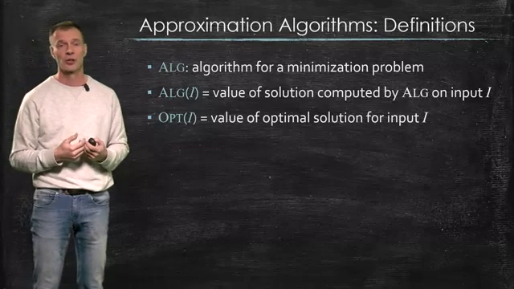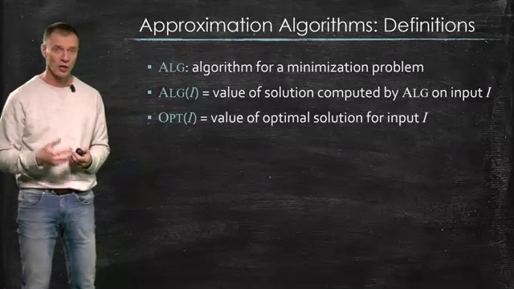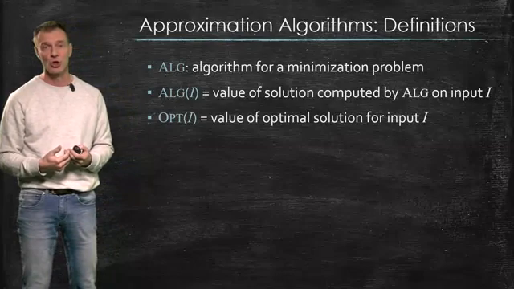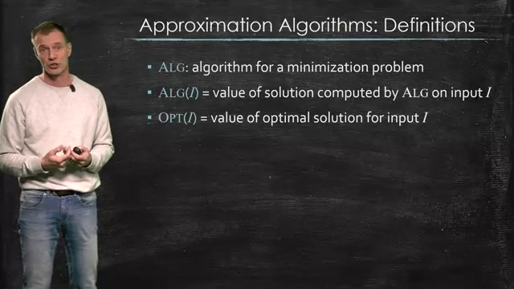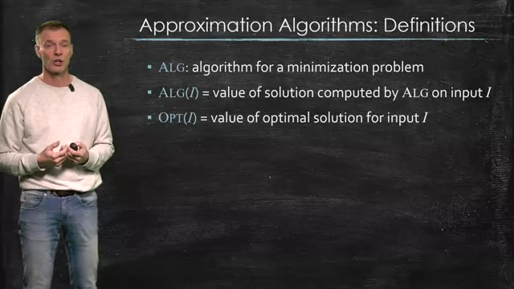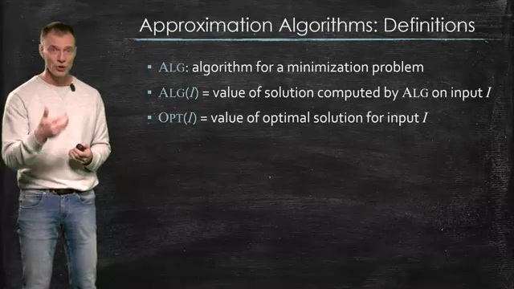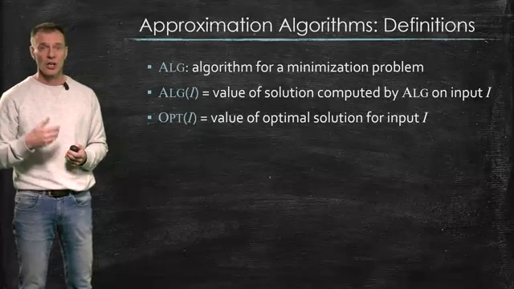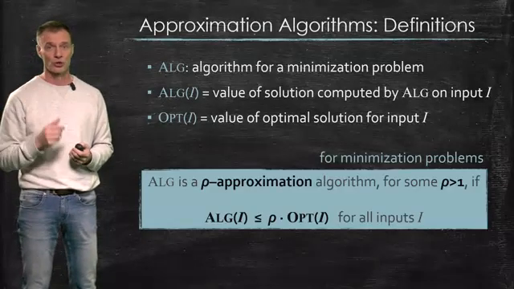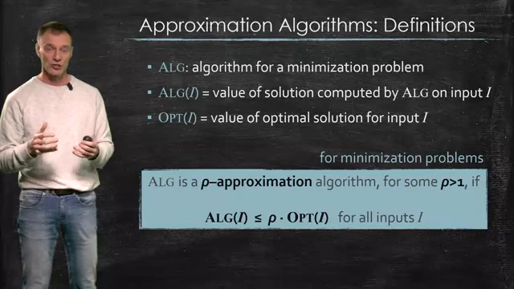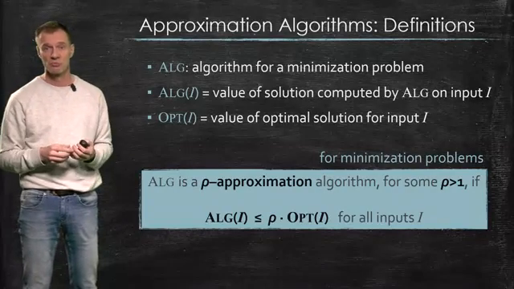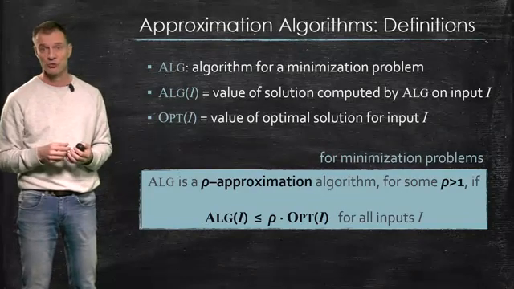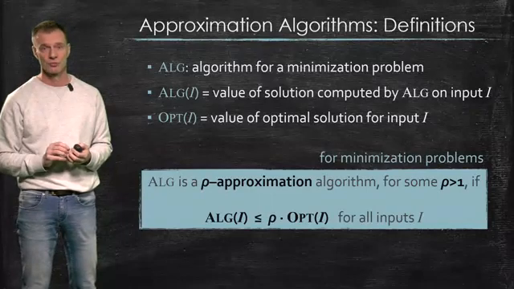Because our algorithm is an approximation, ALG(I) is typically not going to be the same as OPT(I); it's going to be a little bit worse. So how can we quantify how good it is? Well, that's using the notion of rho-approximation. ALG is a rho-approximation algorithm, and here rho is just a number, let's say a 2-approximation, for instance, or a 1.5-approximation, if the following holds.